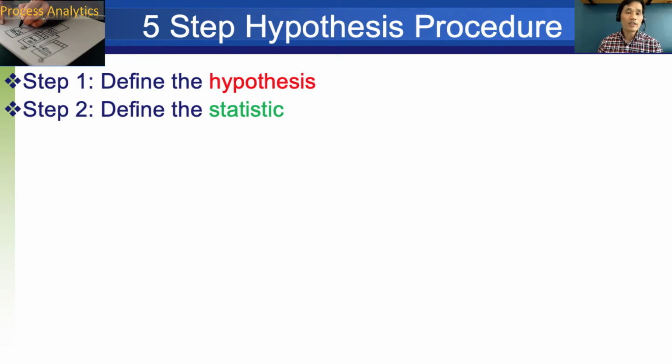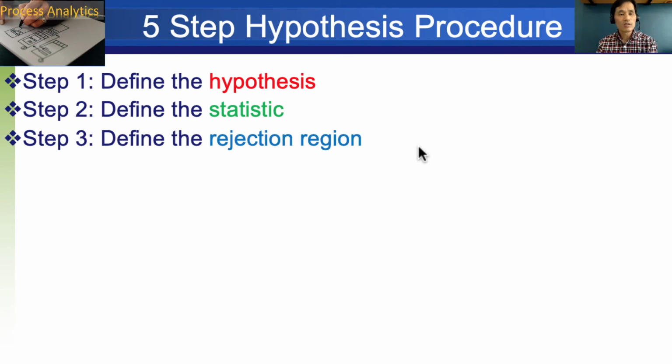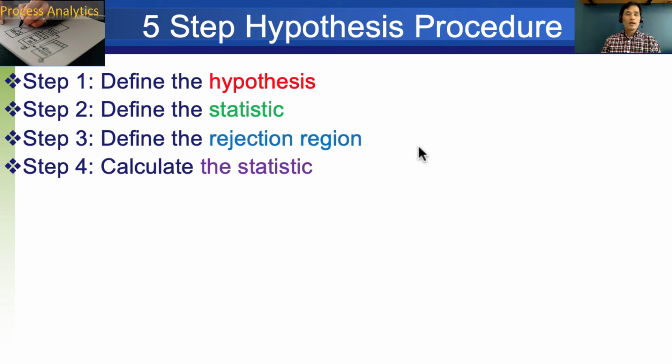Second step is define the statistics, and that's explained from the previous slide, that depending on the type of the hypothesis, we are going to use different statistic formula. The third is define the rejection region. Where is the rejection region that we are going to be using for? And fourth is calculating the statistic. Fifth one is drawing conclusion.